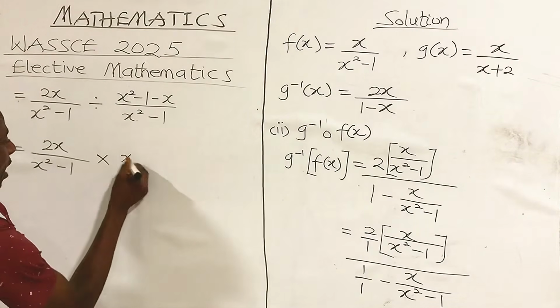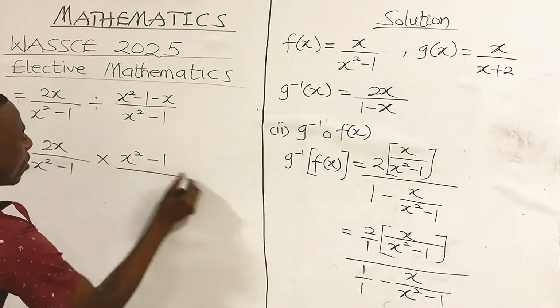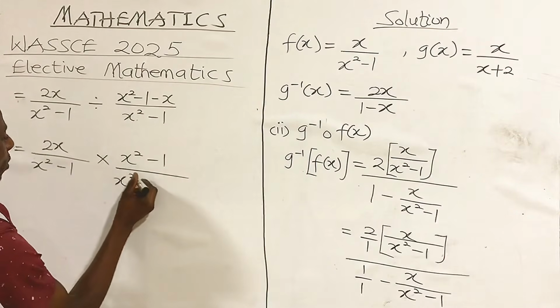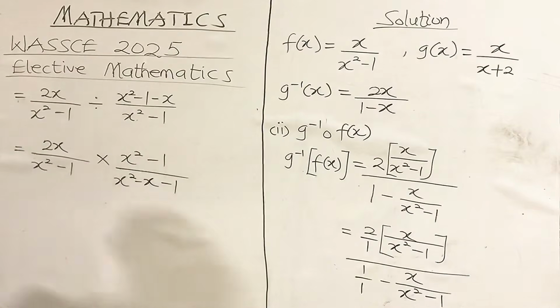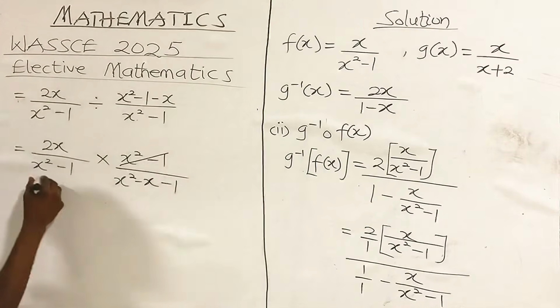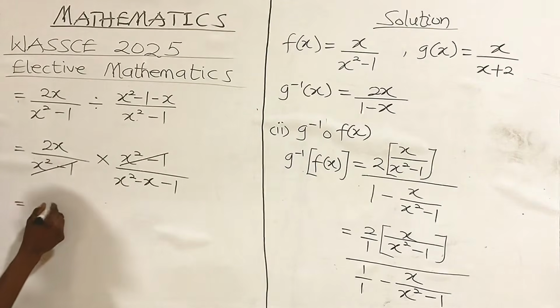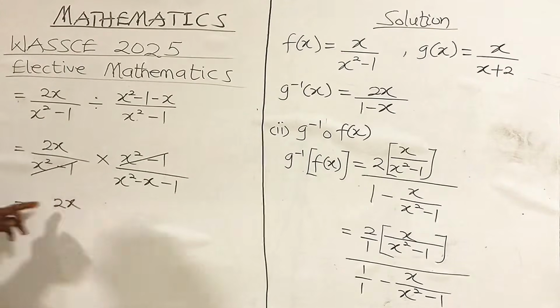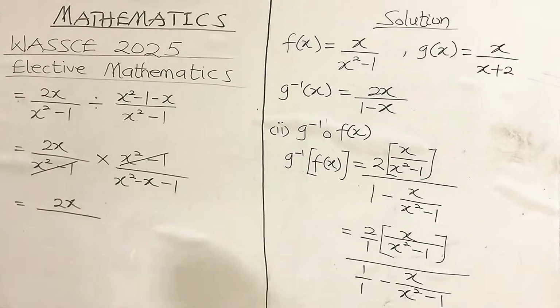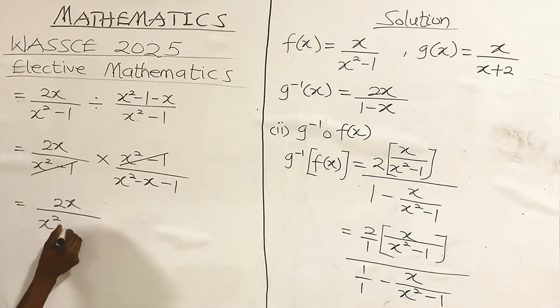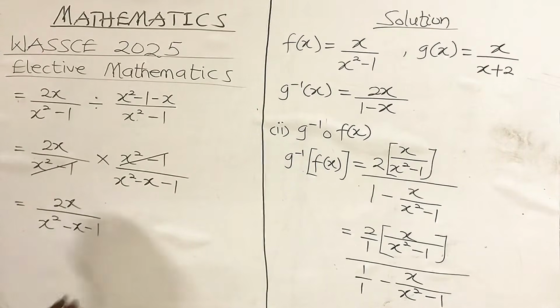So we have x squared minus 1 all over x squared minus x minus 1. So from here, the whole of this will take up this. So I have 2x times 1, we still have 2x, all over 1 times the whole of this, we still have x squared minus x minus 1.